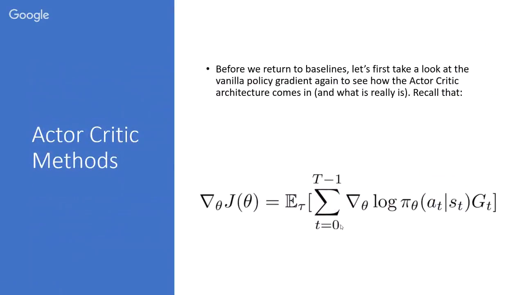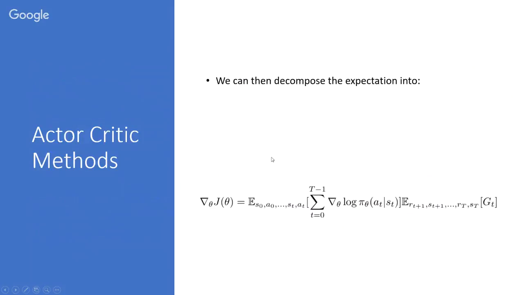Before we return to baselines, let's take a look at the vanilla policy gradient again to see how the actor-critic architecture comes in and what it really is. Recall that this is the vanilla one. If we decompose the expectation over states and actions, there is the expected reward, G_t, given the action and the state under that policy.